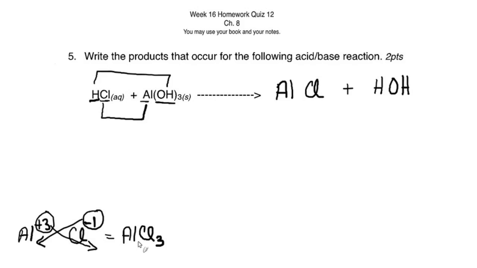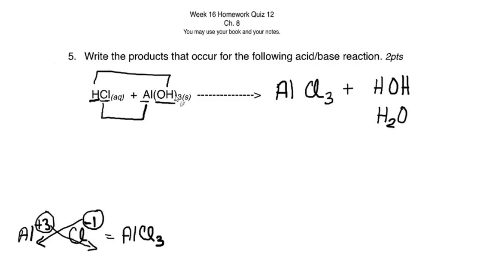Aluminum, there's 1 aluminum, so you don't write the subscript for 1, of course. And there's 3 chlorine, so you'd write a subscript of 3. So this is the compound we're going to have for that. All right, and then we have H and OH. And the more common way to write that is H2O. But look at what we have here.